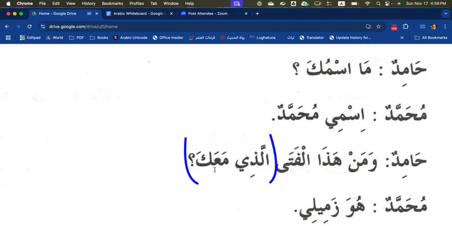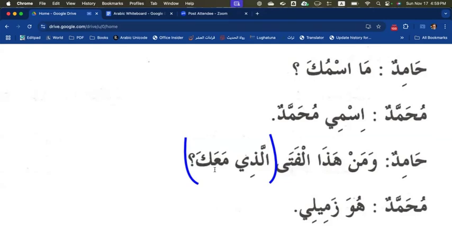Like if I want to say, do you have any money on you? We will say inda or ma'a, both will work. But ma'a is more about accompaniment, when you accompany somebody. Allahu ma'iya. Allah is with me. It's for closeness.